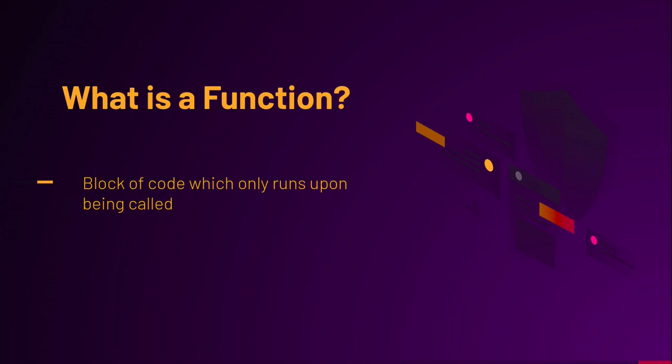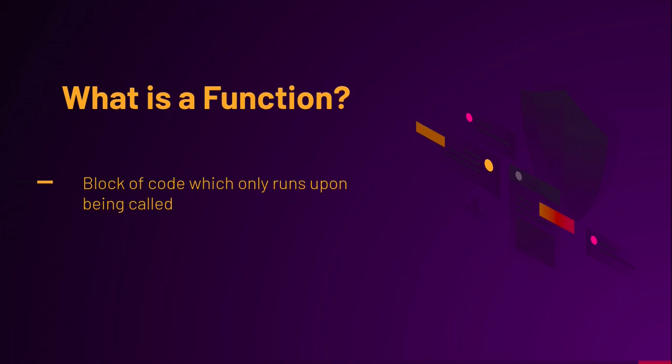That function is going to do a specific job, and it will only run when you need it. The good thing is that you don't have to recode the same action. You just call the function. That is why the definition says which only runs upon being called.